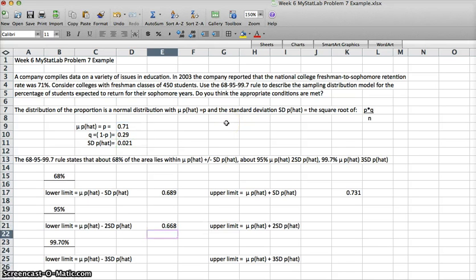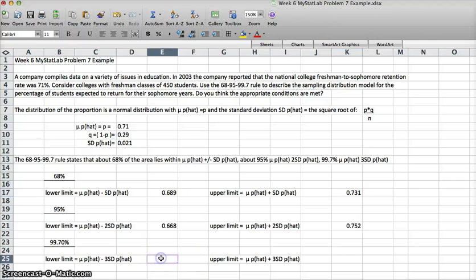Hit enter, and there is our lower limit for 95% at 0.668. Same thing here, we're going to take proportion plus 2 times standard deviation, and there's the upper limit for the second part, or the 95% at 0.752.